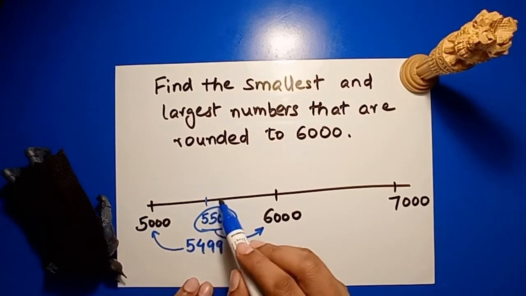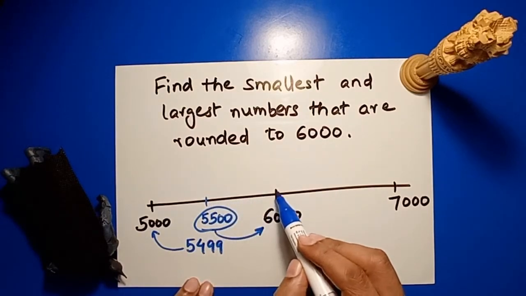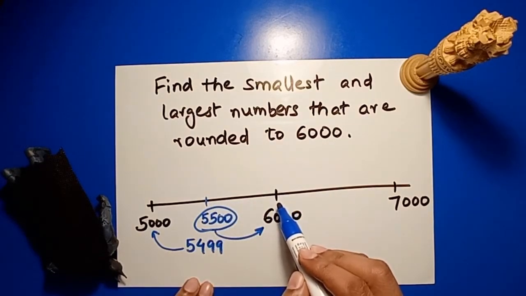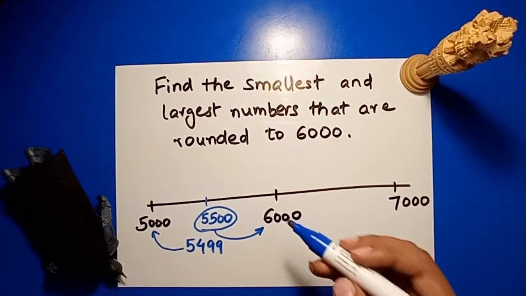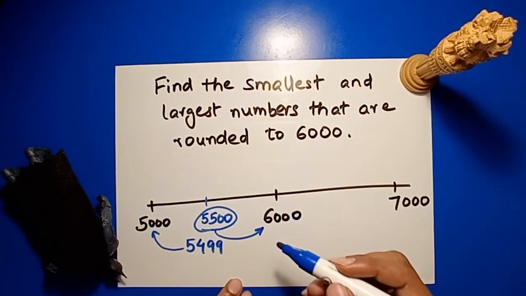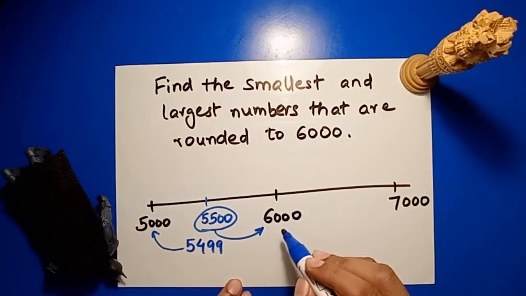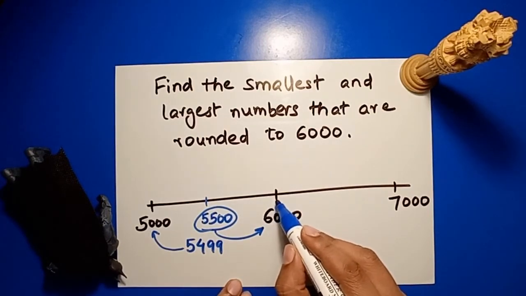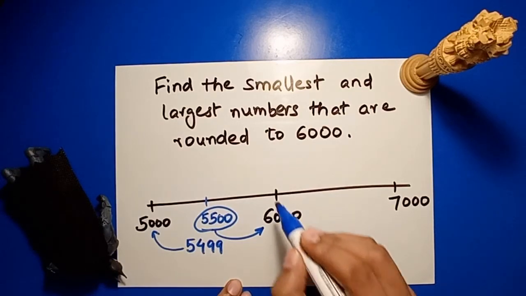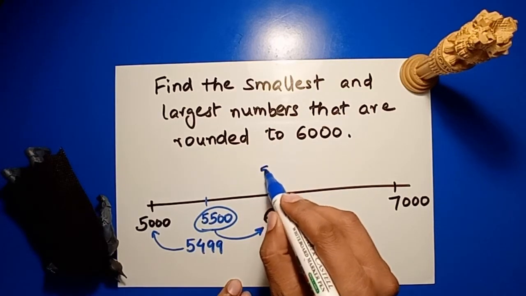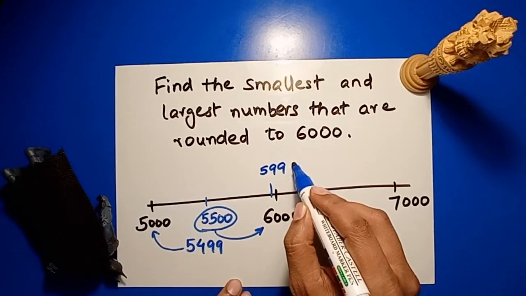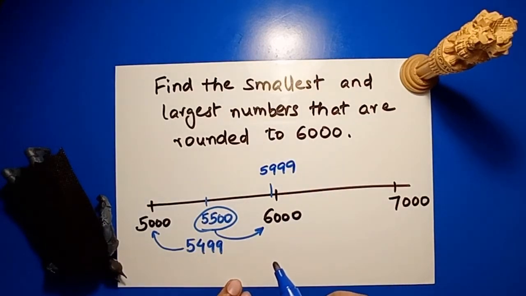Now we will keep counting, counting, counting, and we will reach 6000. So 6000 gets rounded to 6000 because it is already a thousands number. What is the number just before 6000? It would be 5999, correct?